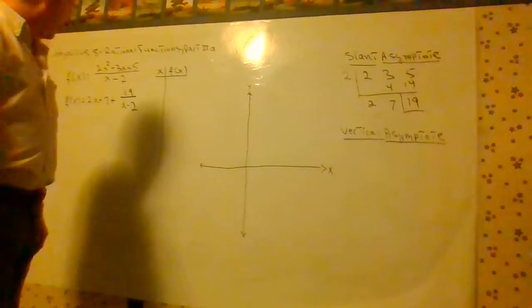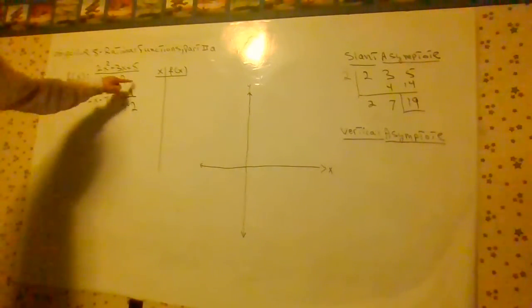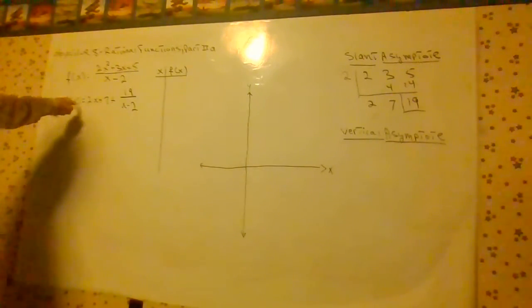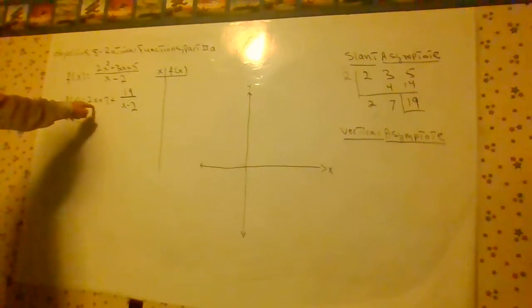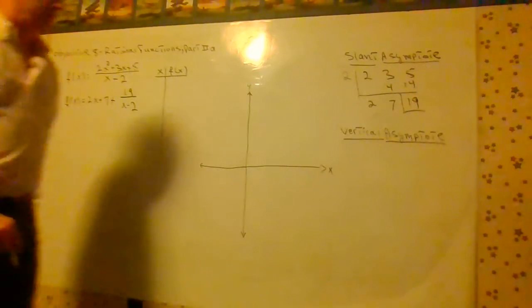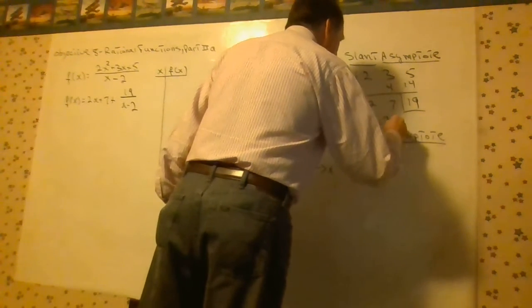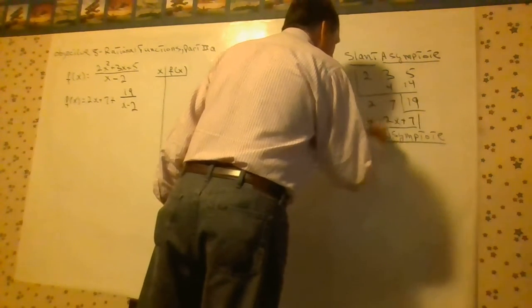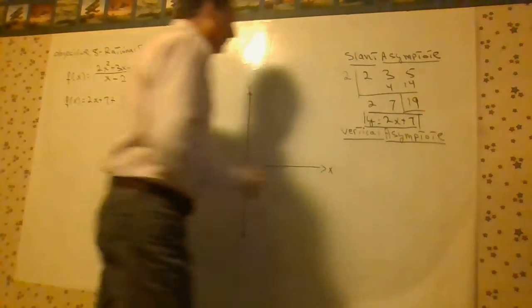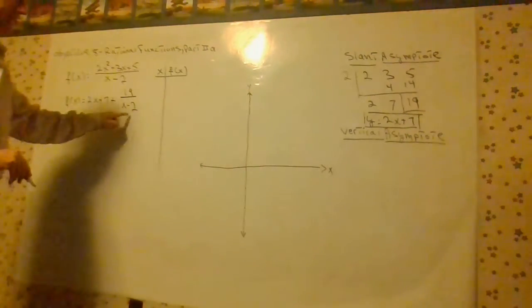And as x gets large, this fraction gets smaller and smaller, and the function looks more and more like this linear function, 2x plus 7. So the slant asymptote is y equals 2x plus 7. Okay, you just ignore this remainder part.